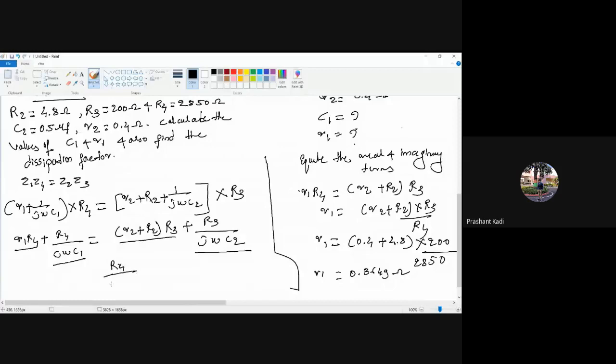So R4 divided by j omega C1 equals R3 divided by j omega C2. This j omega will get cancelled, right? So what could be the value of C1 here?